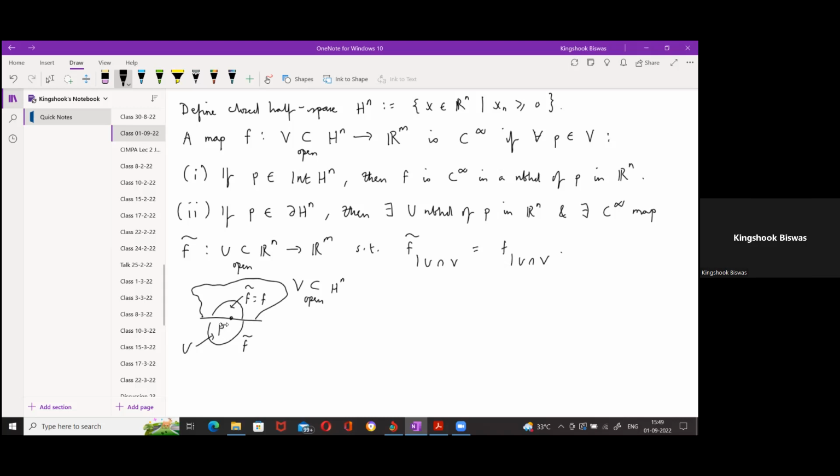Once you do this, you can define any partial derivative.